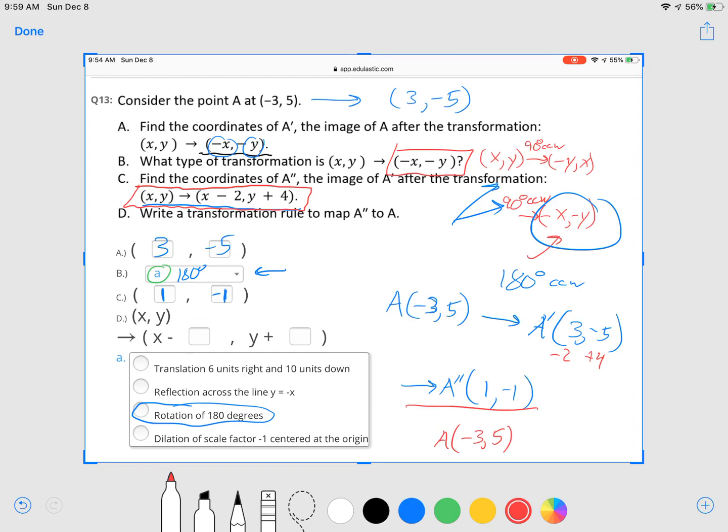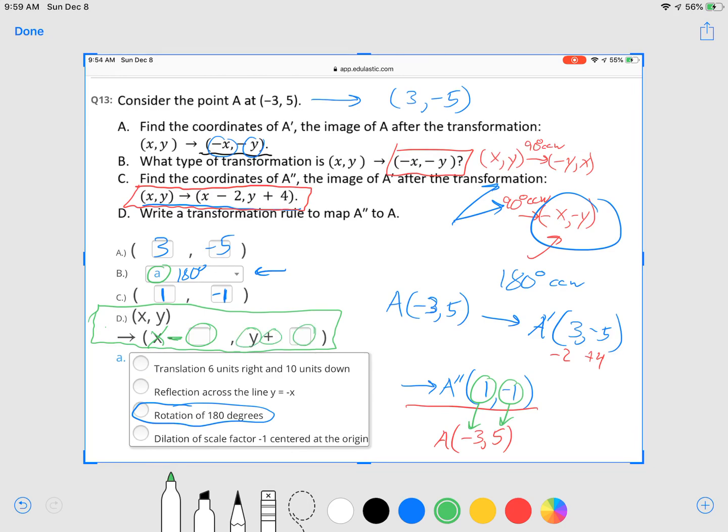So we have to find a way to get these numbers. 1 has to turn into a -3, and -1 has to turn into a 5. And by the way the option is given, like here's how option D is presented, notice it's x minus something and y plus something.